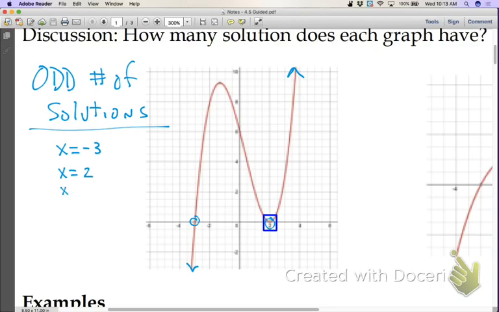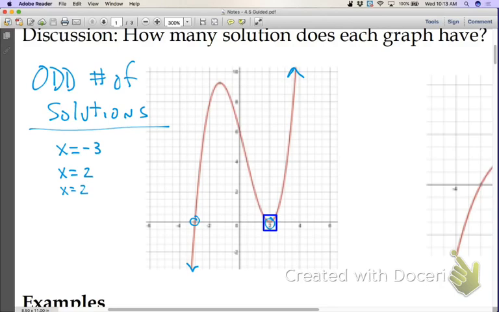What about 2 again? Why 2 again? What does my graph do at x equal to 2? It lands and then it goes right back the other direction, right?